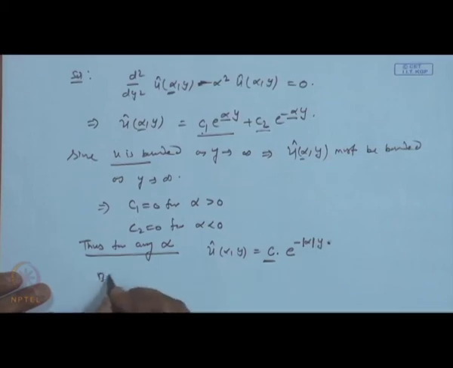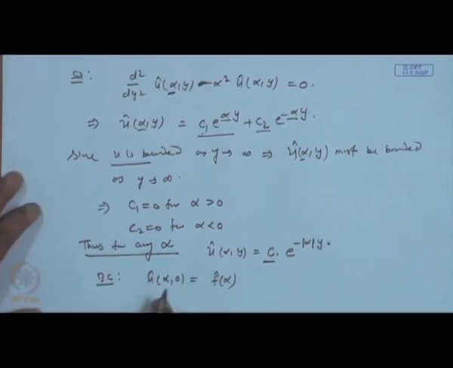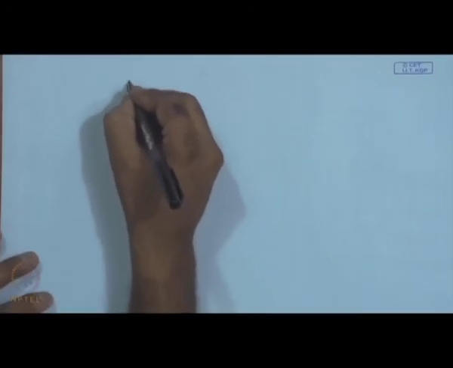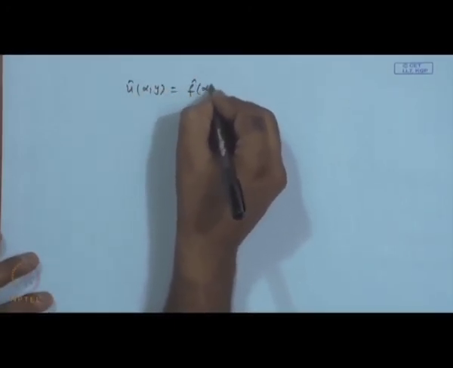Now, with the boundary condition, we have û(α, 0) is f̂(α), this is given; we have taken the Fourier transform. So at y = 0 we get C, so C will be f̂(α).